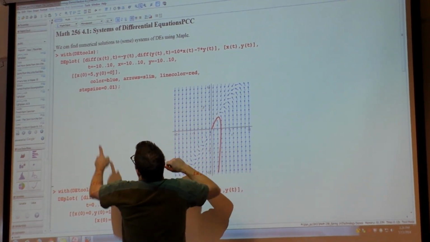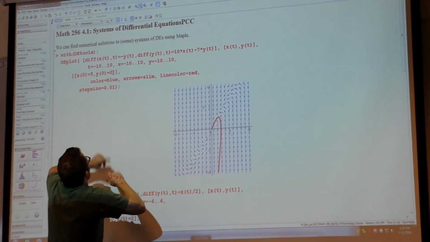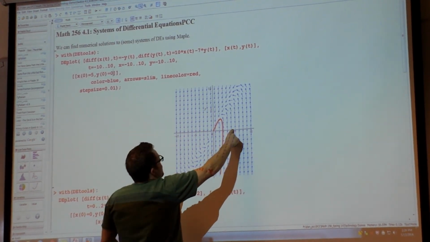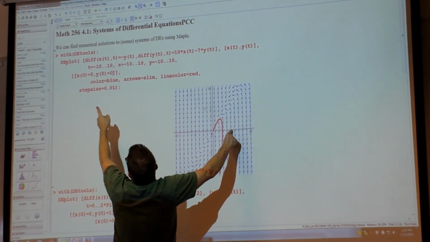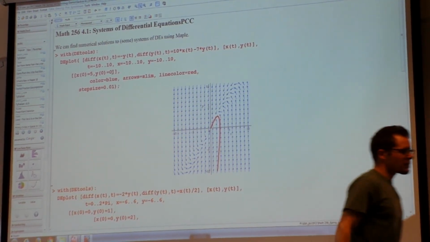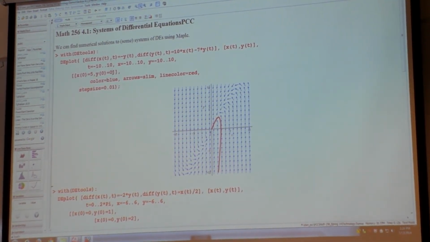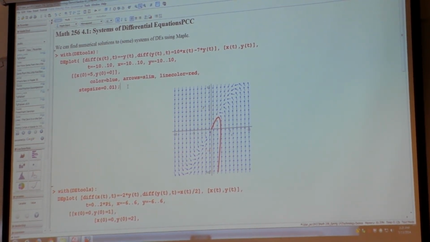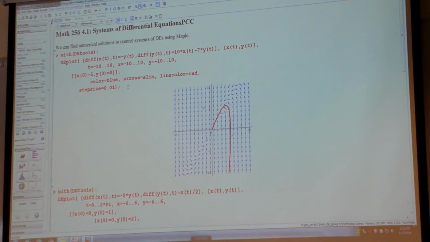No. The x coordinate at time 0 is 5. The y coordinate at that same instant is 0. So the x and y values, 5 and 0, should start right here. So change that up. This is already pre-programmed. It's just a template. There we go. So there's the phase diagram, including that particular solution curve.